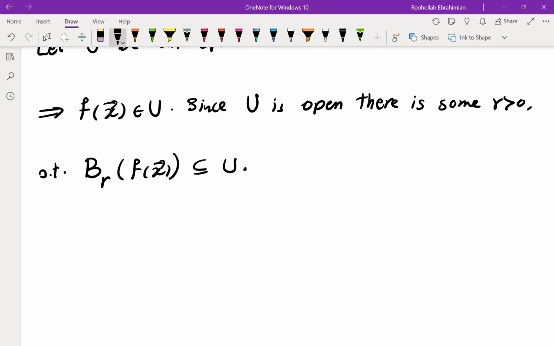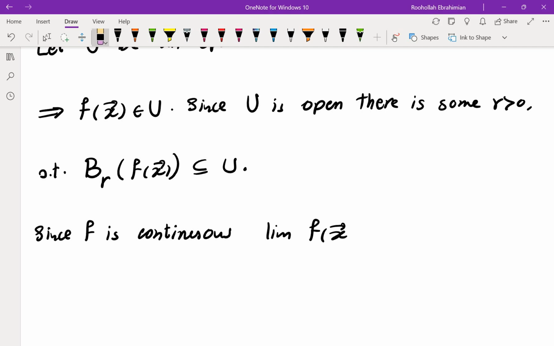Now it is time to use continuity of f. Since f is continuous, the limit of f of y, because I already have f of x here, as y approaches x is equal to f of x.